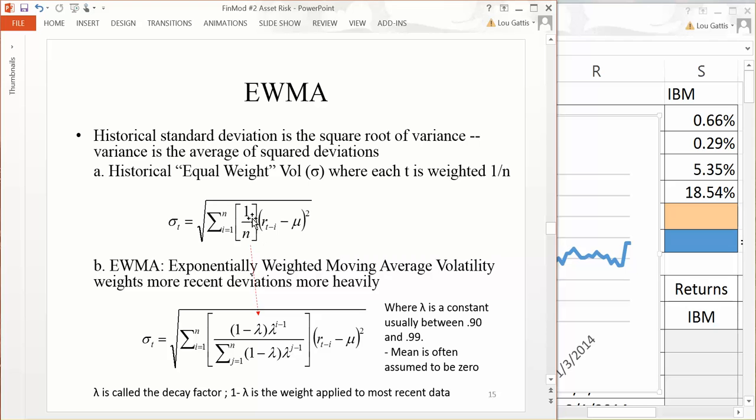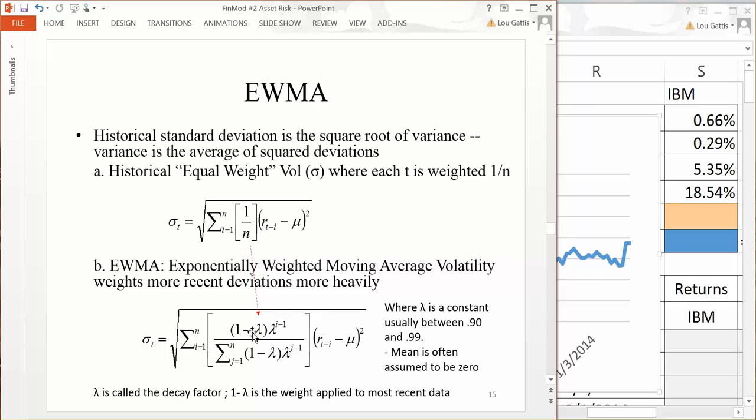So EWMA volatility takes this formula, and it's going to take this number here, this vector. Think about this as a column of weights, which are now all equal, 1 over 130 in our case, and it's going to replace it with this vector of weights: 1 minus lambda, where lambda is just a mathematical constant, times lambda to the i minus 1, over the sum of those factors.